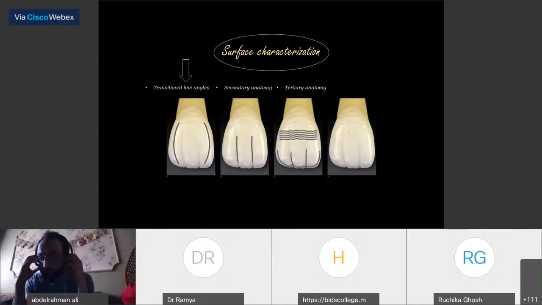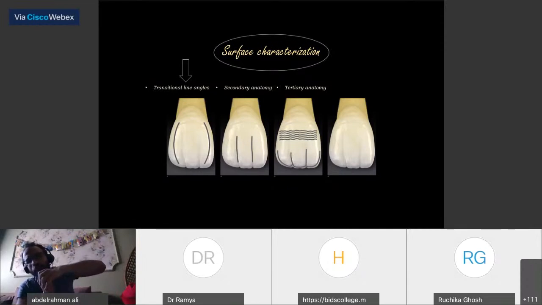For the shape, there is the height and width, and also the planes. So the tooth has cervical, middle, and incisal planes, and it also has height and width. This is the shape. For the surface characterization, you cannot do any surface characterization unless you have done the height, the width and the planes.